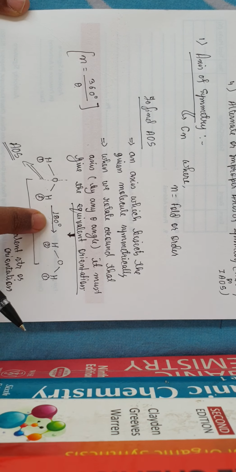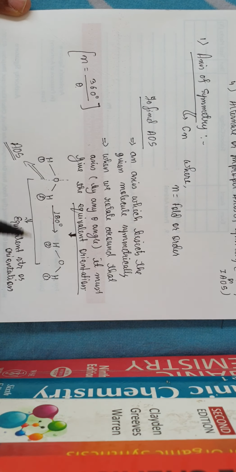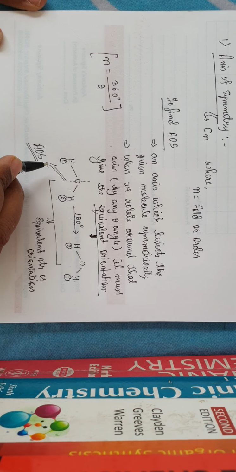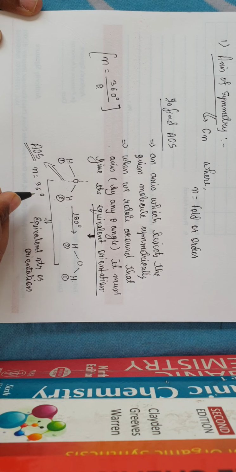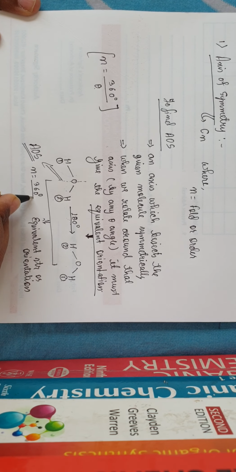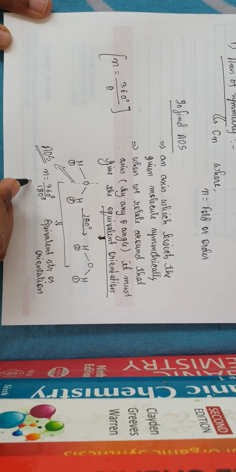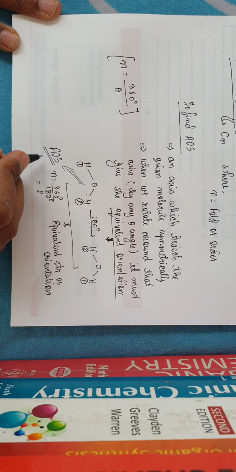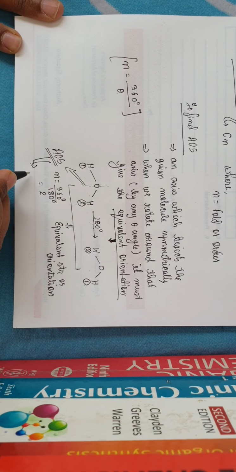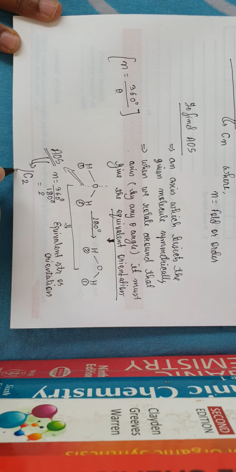Because here theta is 180, n is equal to 360 degrees by 180 degrees, which is equal to 2, so this axis of symmetry can be represented as C2.